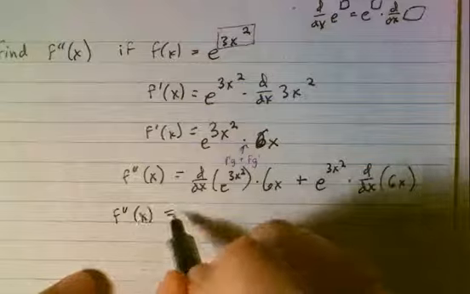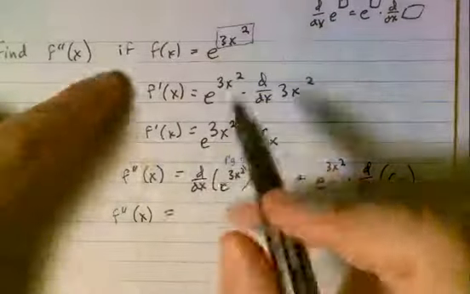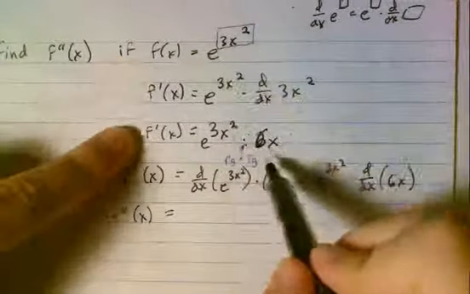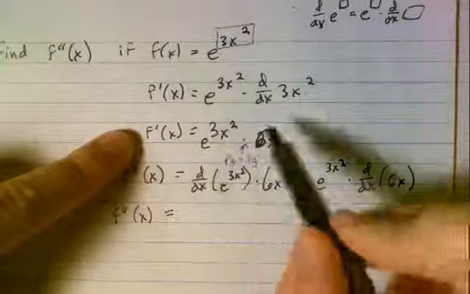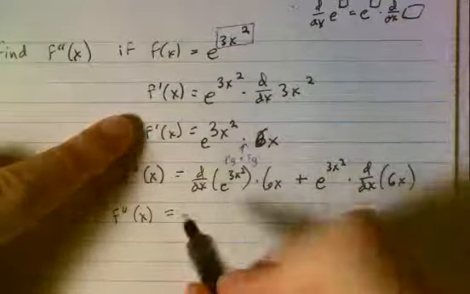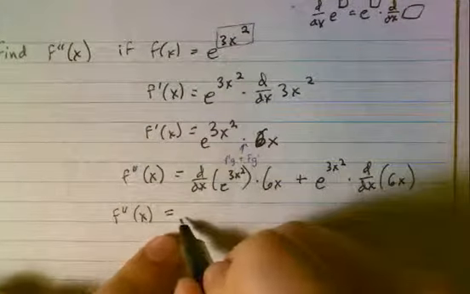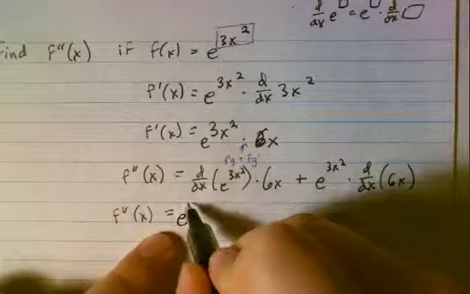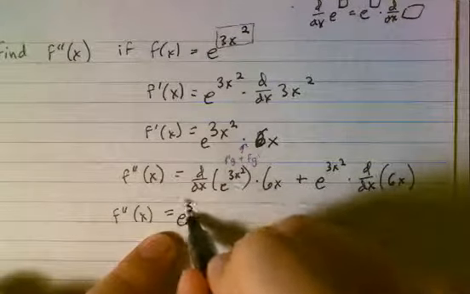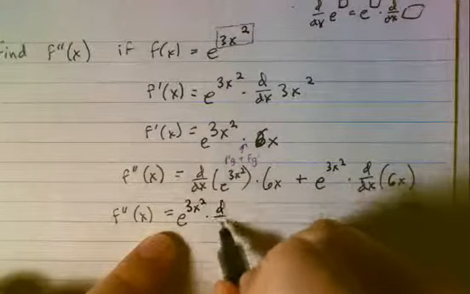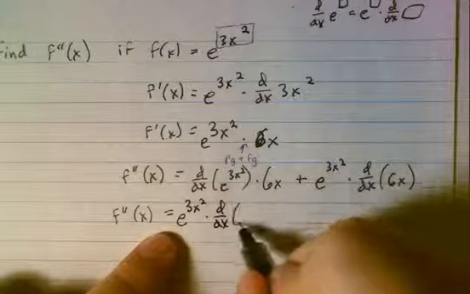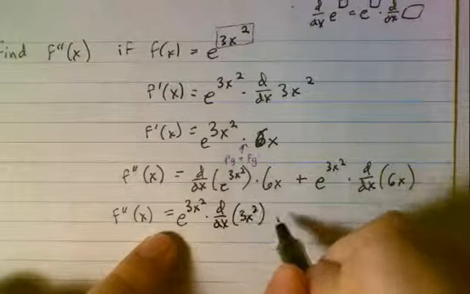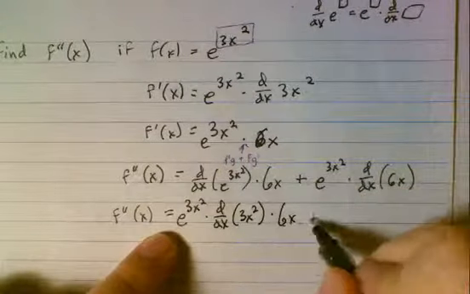So the second derivative, well, here we have this. We actually already just found what it was. It's going to be this. But just for practice, let's work it out again. Remember, this is a box function, so we're going to have the derivative of e to the box, which is just e to the box, times the derivative of what was inside the box. This 6x is along for the ride.